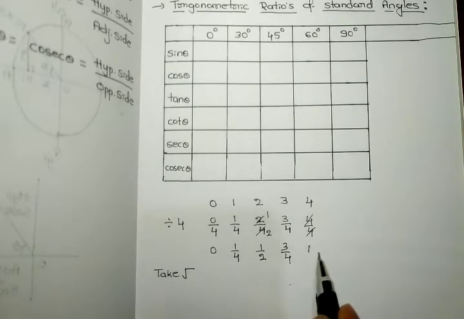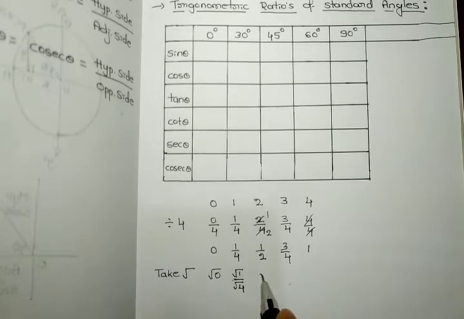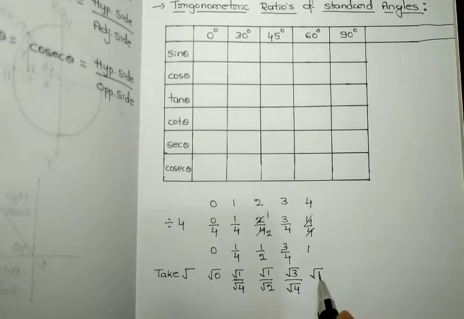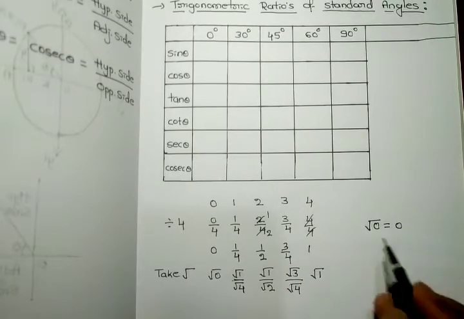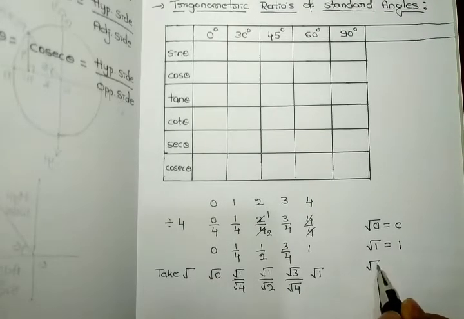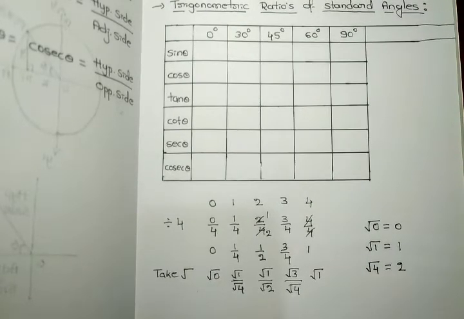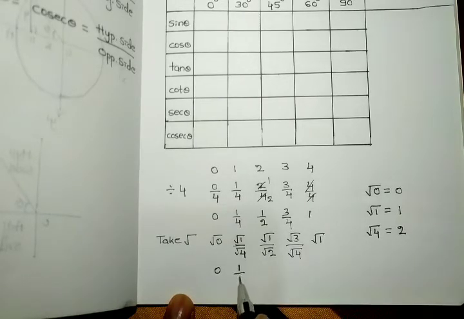After this, next take square root. So square root for all these numbers. So it is square root of 0, square root of 1 upon square root of 4, square root of 1 upon square root of 2, square root of 3 upon square root of 4, and last one square root of 1. So square root of 0 is 0, square root of 1 is 1, square root of 4 is nothing but 2. Correct? Therefore square root of 0 goes to 0, square root of 1 is 1, square root of 4 is 2.